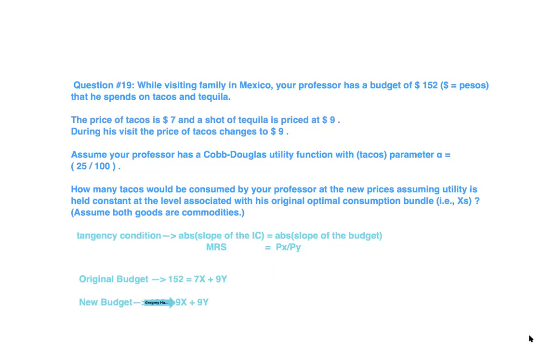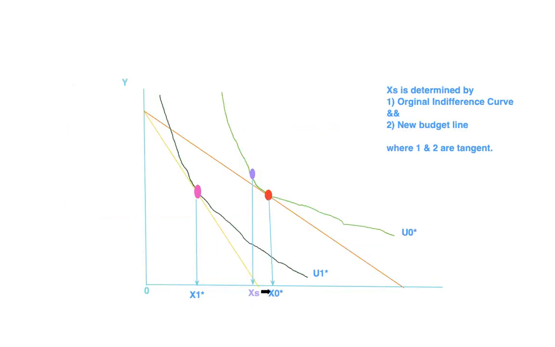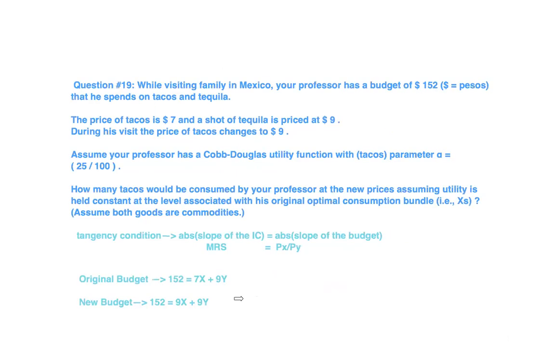I would buy more at 7. So more at 7, less at 9. Yeah, I get it now. We could actually find out what x0 and x1 are, and we're going to do that in a minute, but we really want to focus on the intercepts.